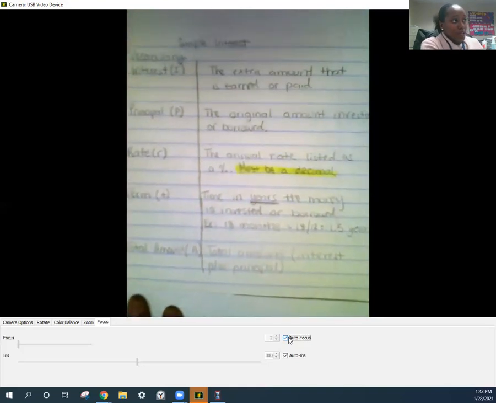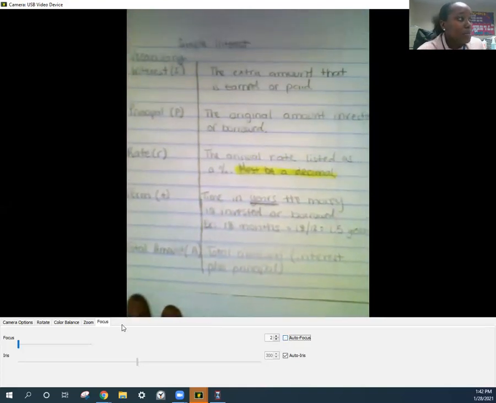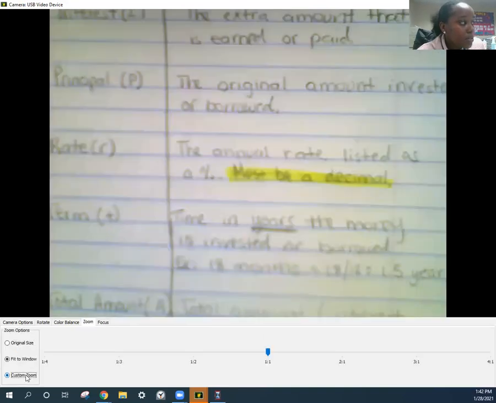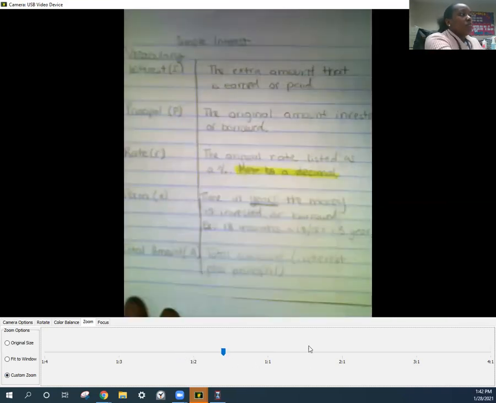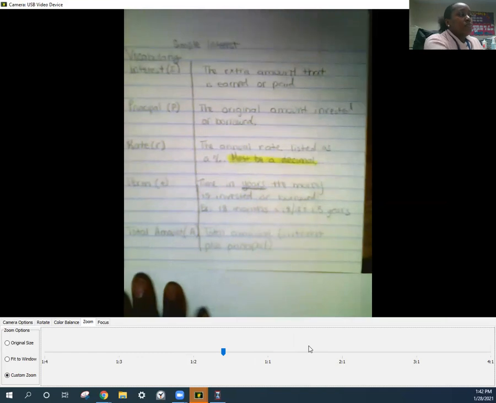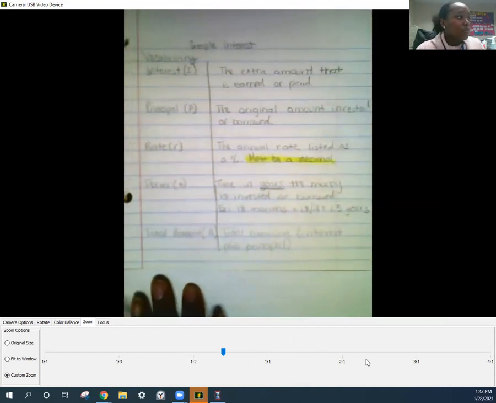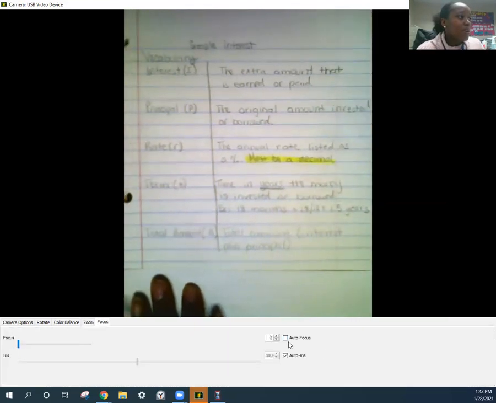I'm gonna zoom out so you all can see this a little bit better. So those are some of our main vocab words that we're gonna see when we're talking about simple interest.